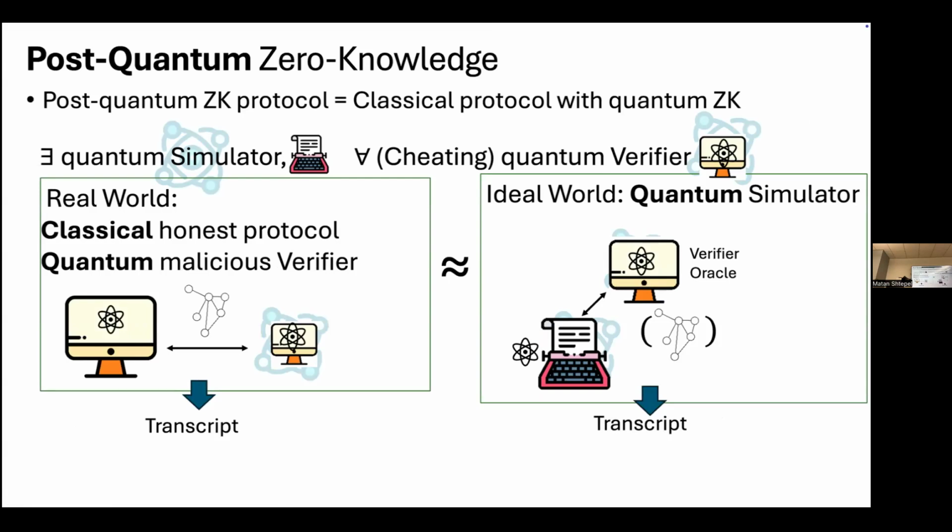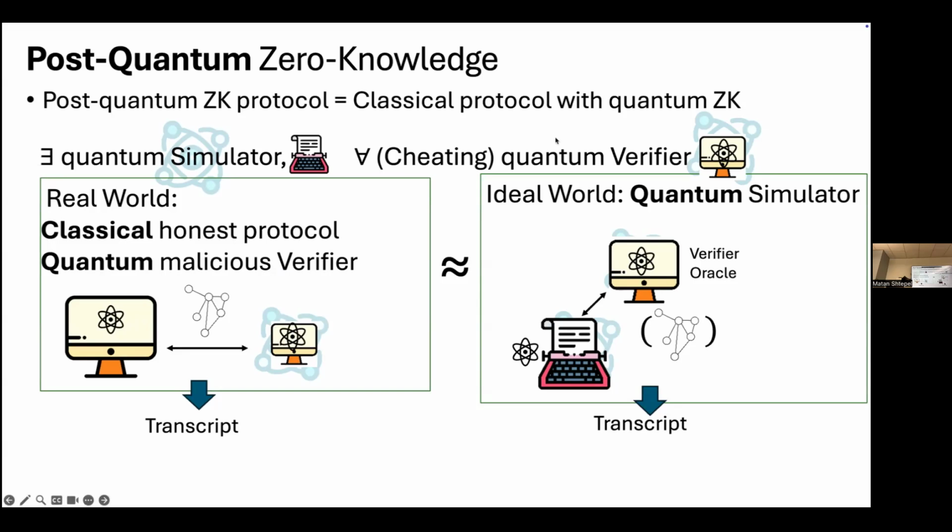When we talk about zero knowledge, let's say our honest parties are still classical because they don't cheat. But you never know what the malicious party is doing. They might be secretly using some quantum computer at home. So since our malicious party is the verifier, now we care about a quantum verifier.